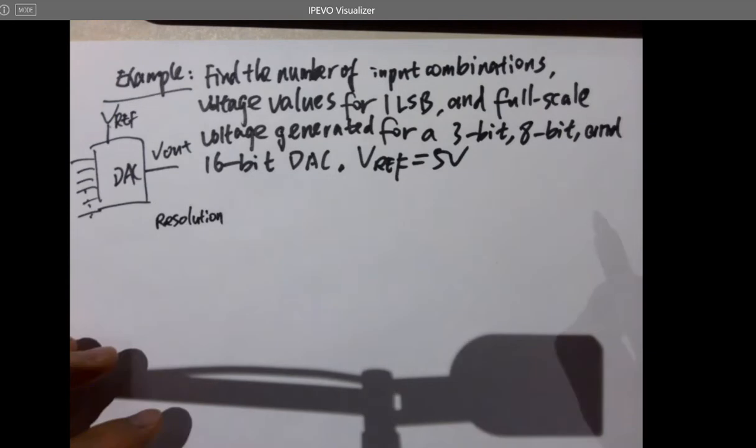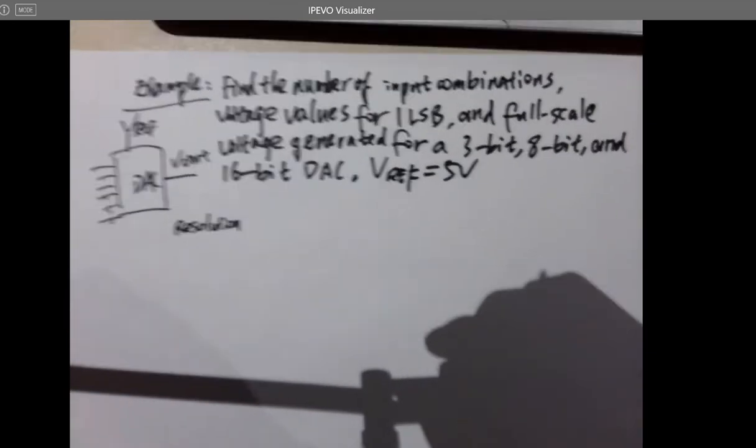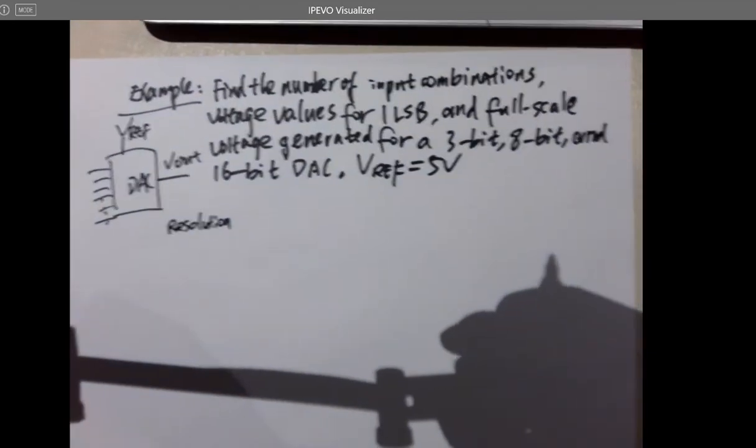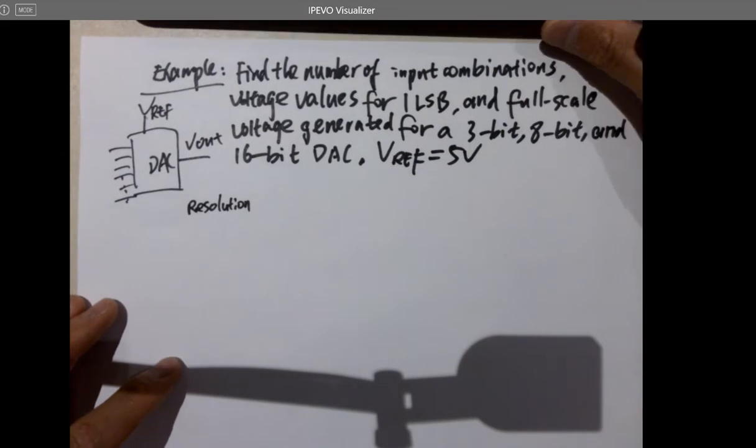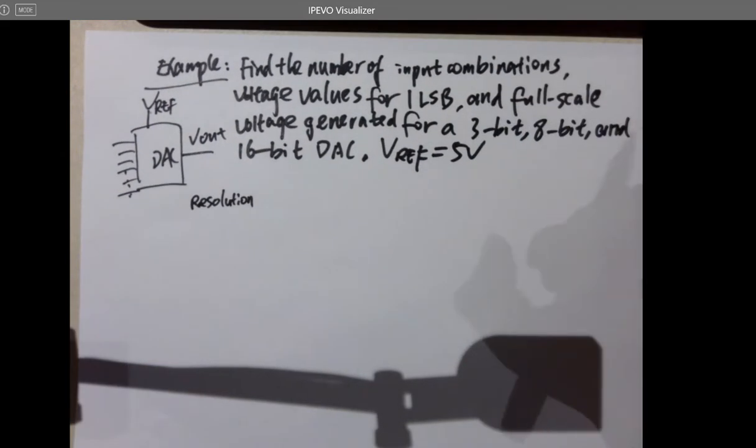So whenever people ask you regarding the resolution of the DAC, what do you want to say? For example, you're interviewing for a job, and you tell them you have used some kind of ADC or DACs for a system. They will ask, so what's the resolution of the ADC or DAC? What do you want to say?